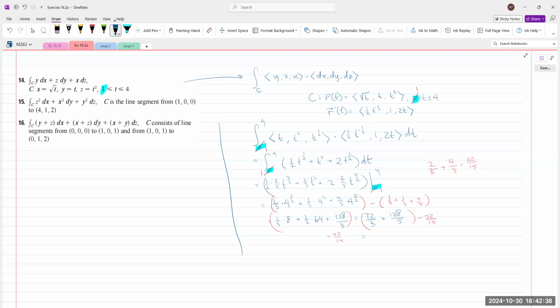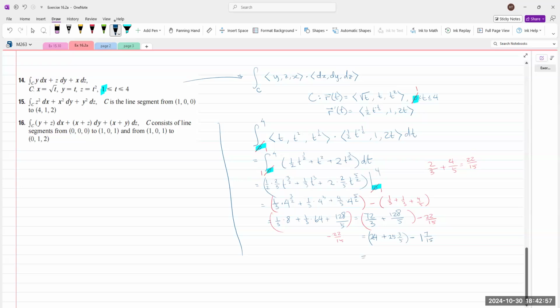What will that be? 24 plus 25 and 3/5 minus 1 and 7/15.